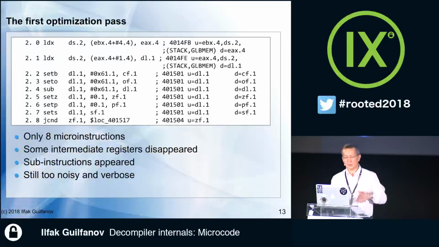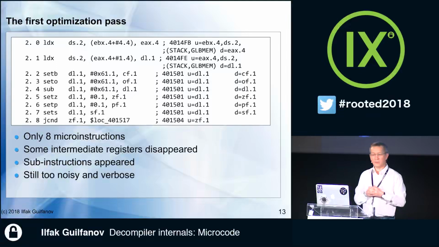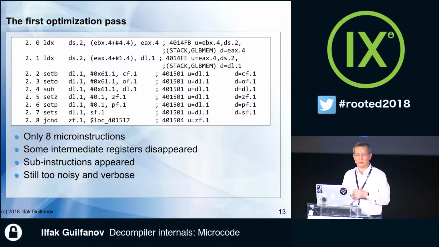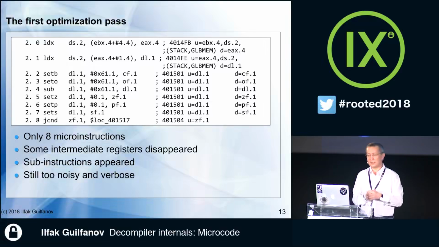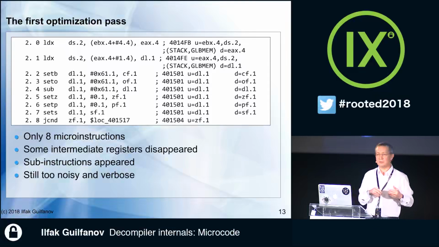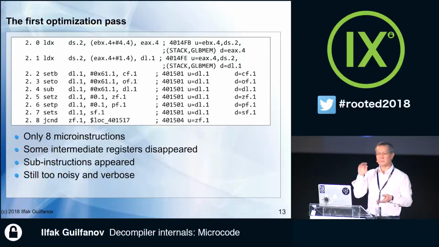Immediately after that, the decompiler will try to optimize things and will remove all redundant instructions, and then we will end up with a much shorter instruction sequence. You see that we have only 9 instructions now. It's still a bit verbose, because we, for example, set the zero flag and the parity flag, and maybe they are not used in other parts of the program, but right now we cannot tell, because the first pass just does local basic block level optimization.